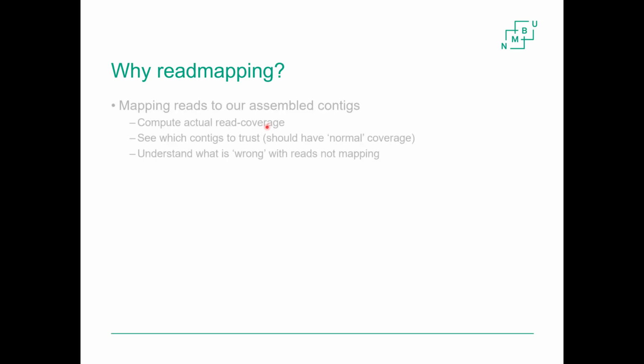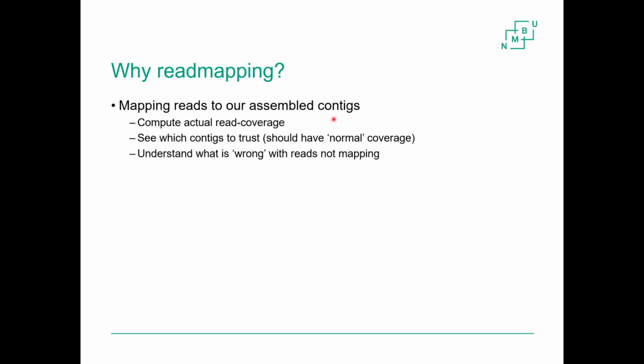So why do we do read mapping? Well, there are many different reasons for it, and we already saw a little bit. We can compute the actual read coverage, and that's very frequently done. You map your reads back to your own contigs, right? You first make contigs by sequence assembly, and then you map your reads to these contigs to compute the actual read coverage.